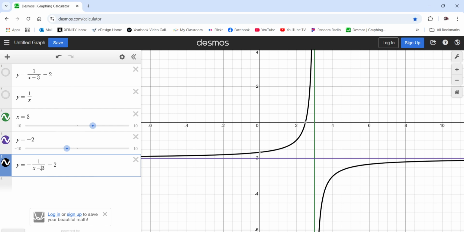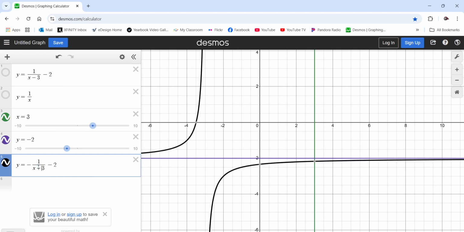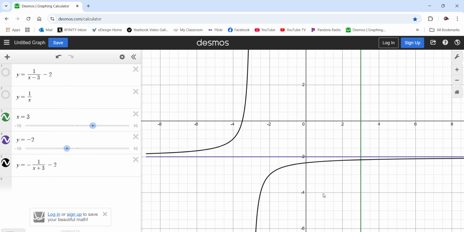Oh, I didn't change it. It's got to be a plus. There we go. Now it moved. I kept it negative, and I was thinking it would move. All right, you see that?